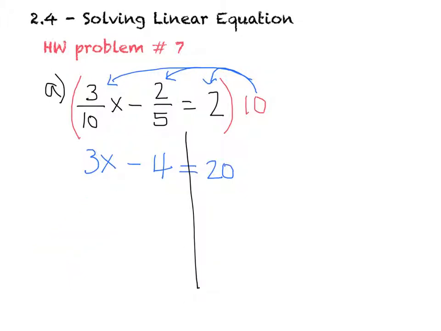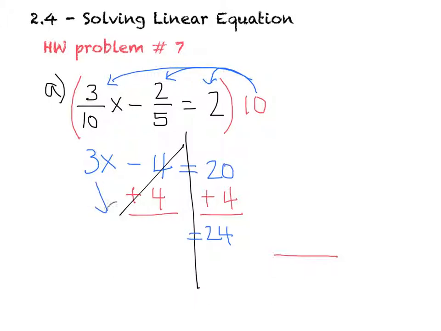Since it's -4, the inverse operation would be +4. -4 plus 4 is 0, so those 2 terms will cancel one another out. 20 plus 4 is 24. Let's drop down our remaining terms.